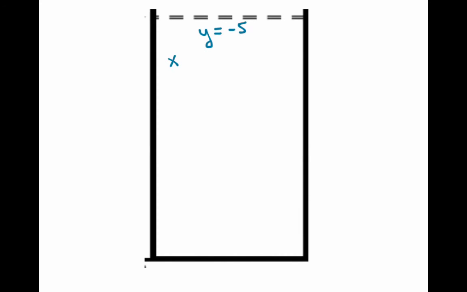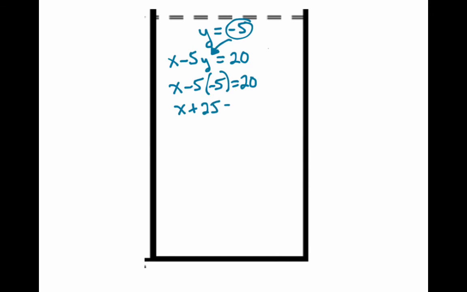That's right. I'm going to substitute that negative 5 in for y in one of my original equations. Go ahead, pause, and try it. All right, so I substituted that in. I had x minus 5 times negative 5 equals 20. x plus 25 equals 20.